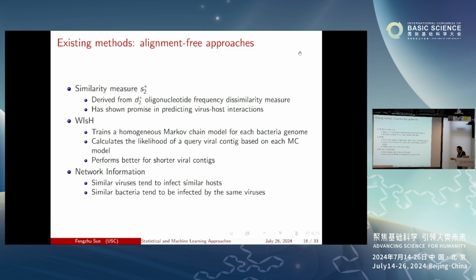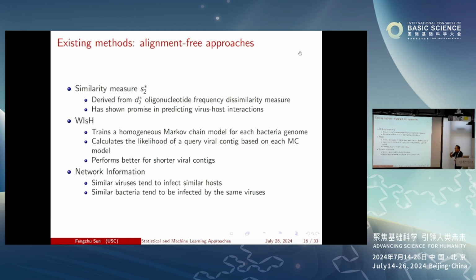So for another method, after we published our work, there's another group who developed the so-called WIsH, and they use a Markov chain model to measure the similarity between the virus and the host. The idea is, again with some mathematics, what they do is the following. For each host sequence, they build a Markov chain model.